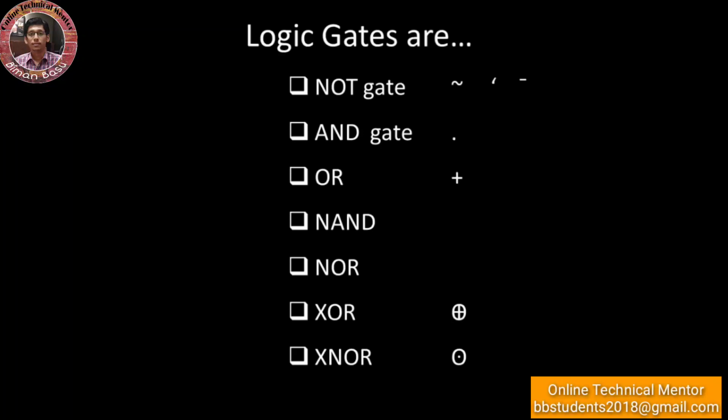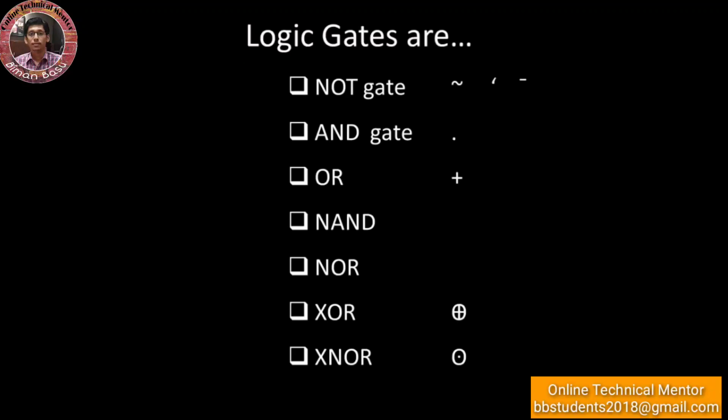AND gate is represented by a single dot. OR gate is represented as plus. NAND and NOR do not have any specific symbol because NAND is a combination of AND and NOT, and NOR is a combination of OR and NOT. And the two more gates, XOR, whose symbol is a plus within a circle, and XNOR, is represented as a dot within a circle. You can realize any Boolean function with these 7 gates.